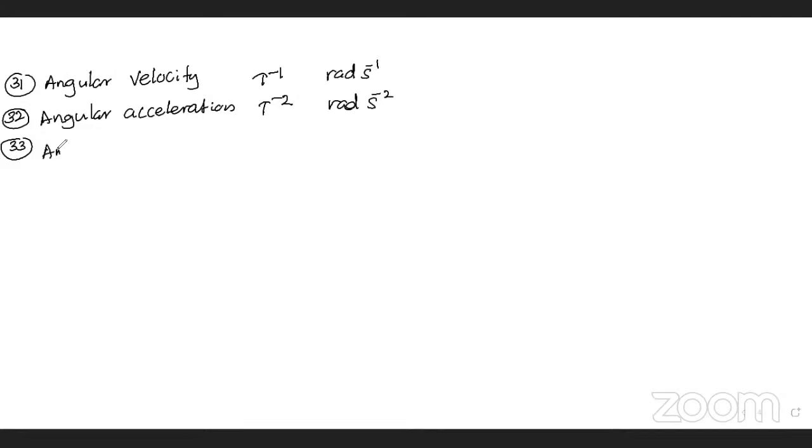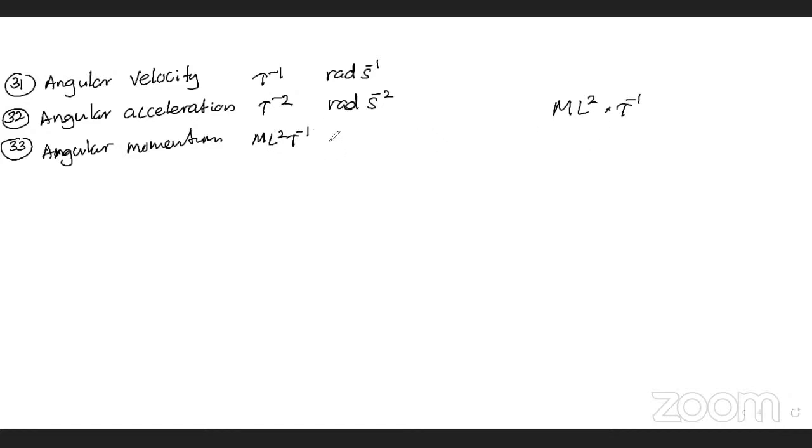Angular momentum. Dimensional formula, that is the moment of inertia multiplied by angular velocity. You remember that moment of inertia is ML square, and angular velocity has a dimension T minus 1. So its dimensional formula is ML square T minus 1.